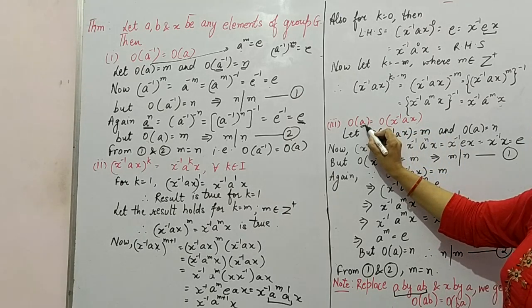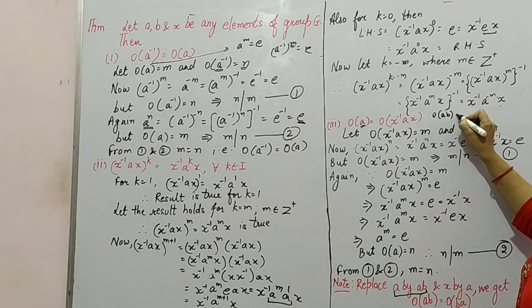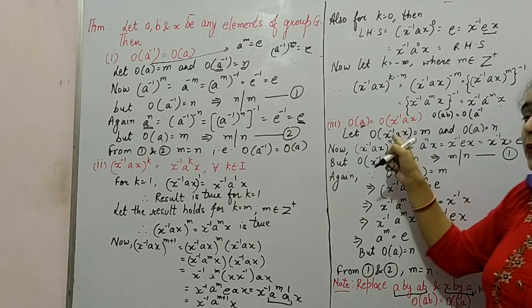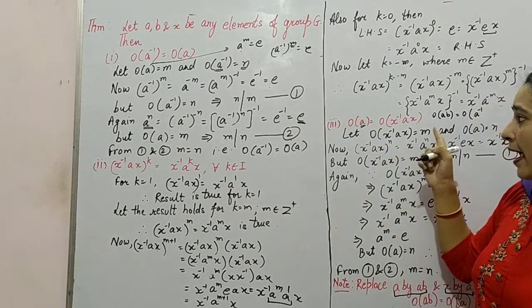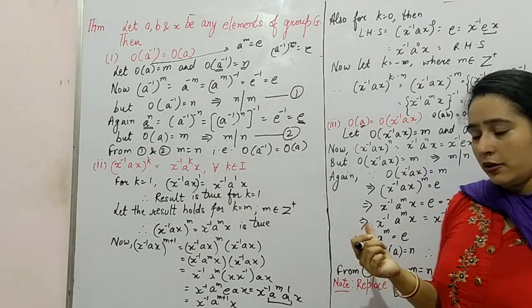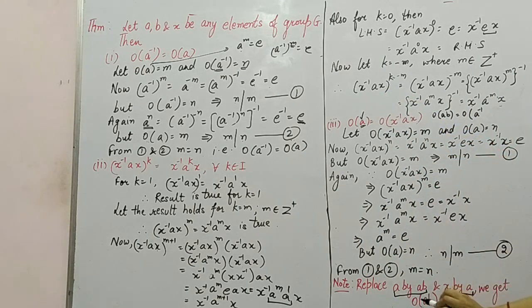We get order of AB is equal to order of x inverse ABx, and replace x by A. Because this is true for all elements of the group, A and x can be any elements of the group. Here in particular, we are replacing A by AB and x by A. That means here the A element is AB and here the x element is A.